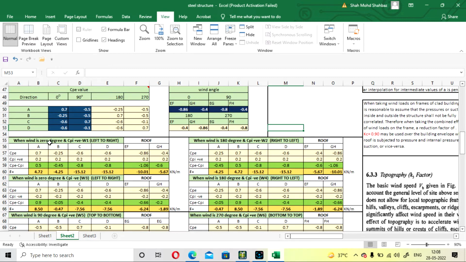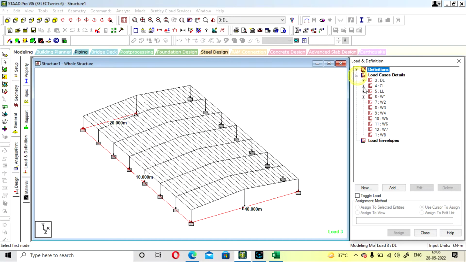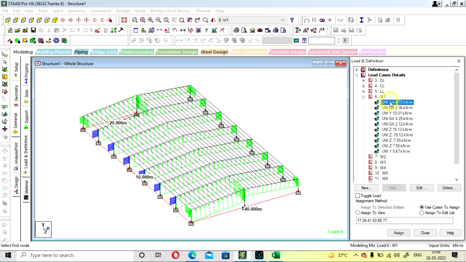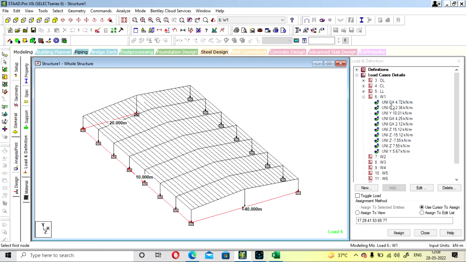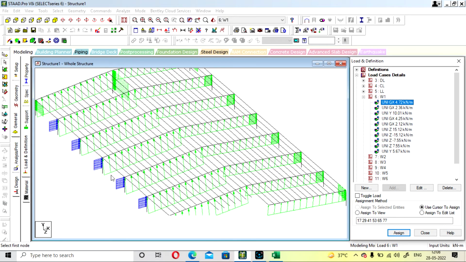So when wind is flowing from 0 degree with positive CPI, how will W1 be added? Here, the force will come as 4.72 and minus 4.25. So A will come here. We have added the loads here. So this will be your 4.72. See the blue one.